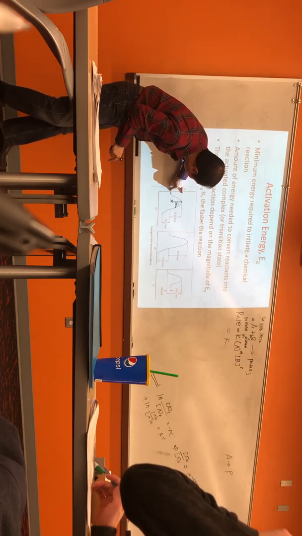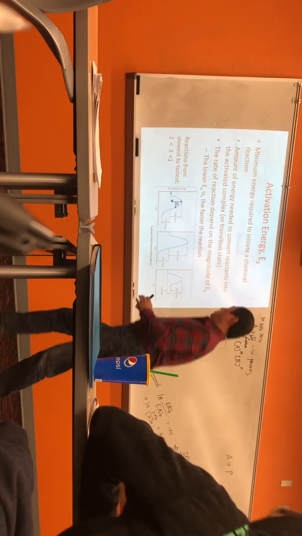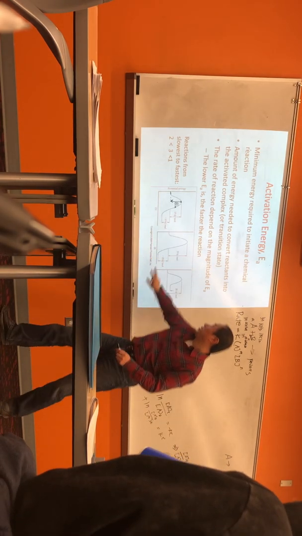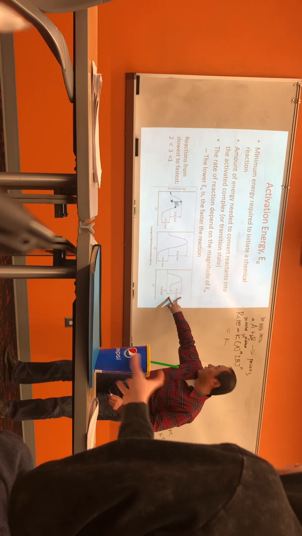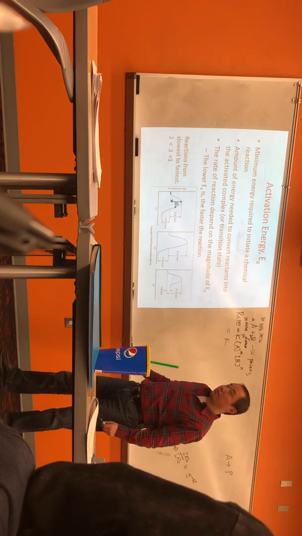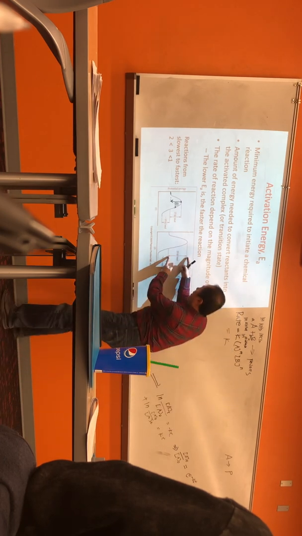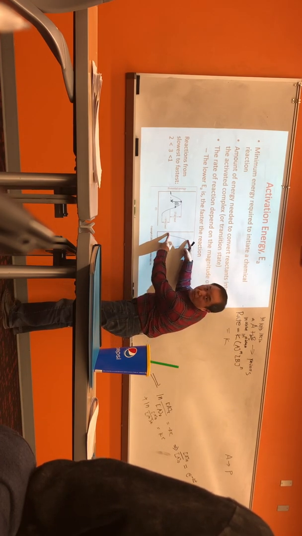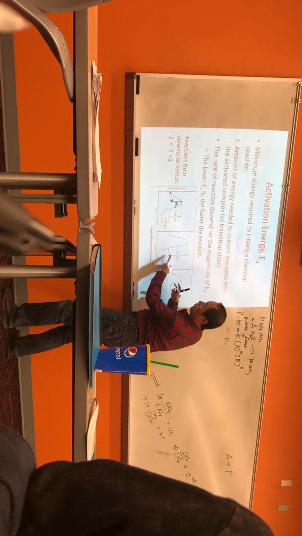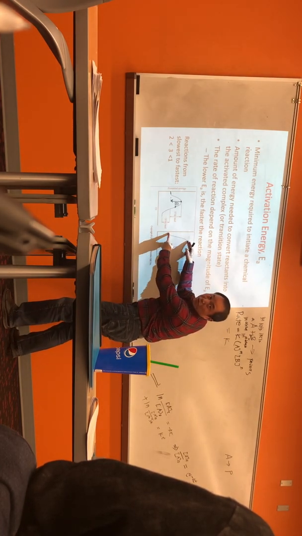So this will be fastest. Largest K, next K, this is smallest K. Because this gap is from reactant to transition state. Although it's on this side, still this is from the reactant to transition state.